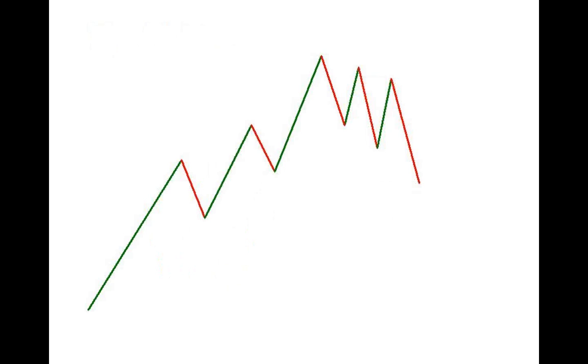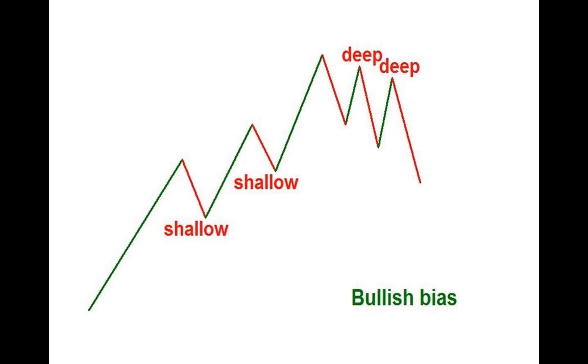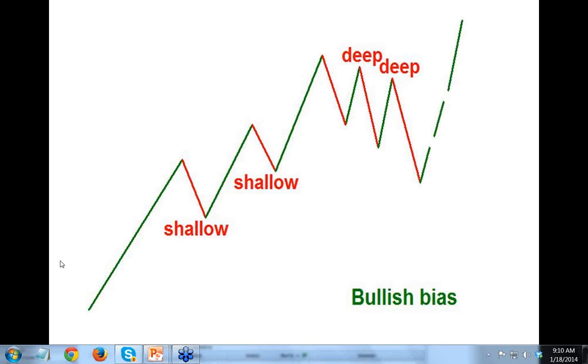Now, here's a series of up moves and a series of down moves. What are the retracements at these point C's going up and coming down? Well, shallows going up and deeps coming down. Which way is the bias? The bias is bullish, okay? As you're going up with shallow retracements and also coming down with deeps, you want to be leaning in the bullish direction.